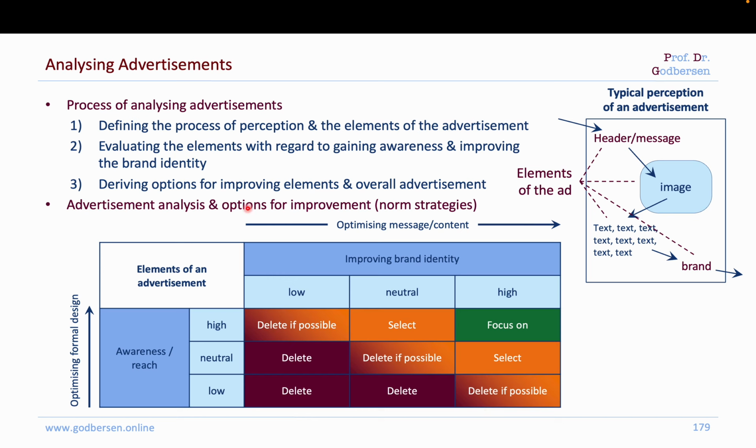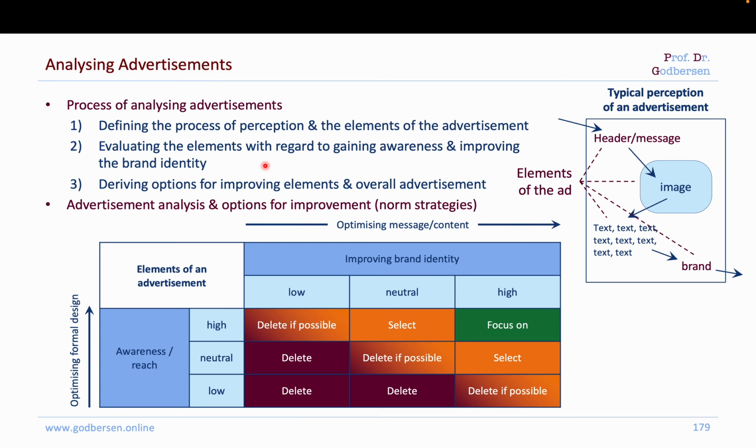The process of analyzing an advertisement has three steps. You define the process of perception and the elements within the advertisement. So, the example from before: the process of perception coming in from the top left, first element of perception, the header, going to the image, second element of the ad, going to the text, third element, going to the brand, and we're there.